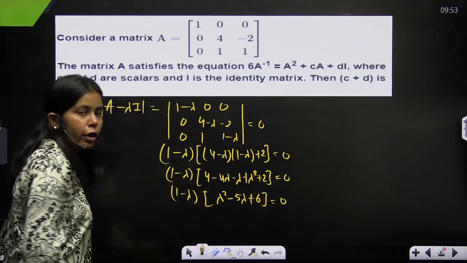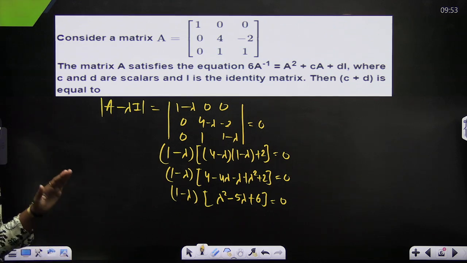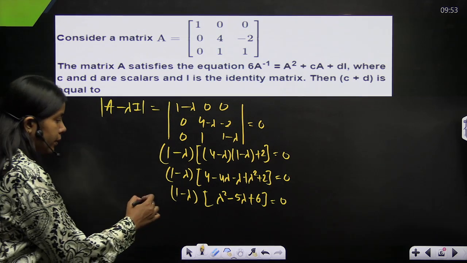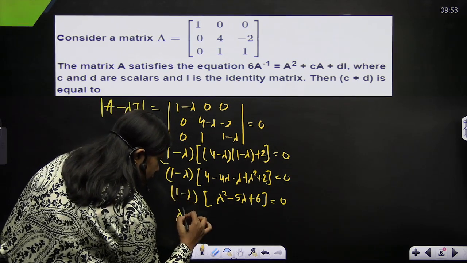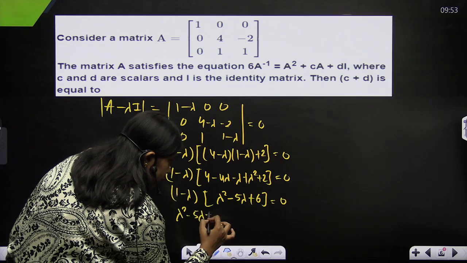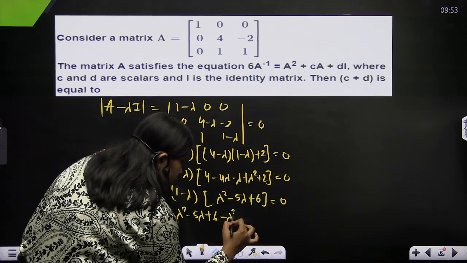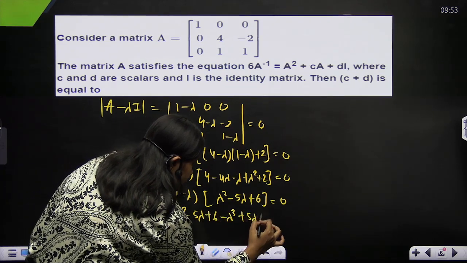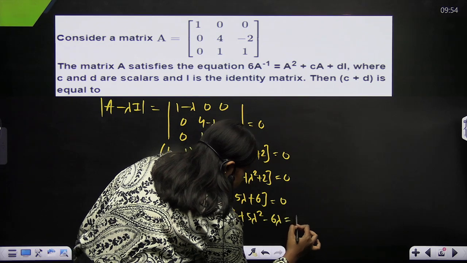But the full form has not come yet. I'm just making the exact final form of my characteristic equation. So I'll multiply: lambda square minus 5 lambda plus 6 minus lambda cube plus 5 lambda square minus 6 lambda equals 0.